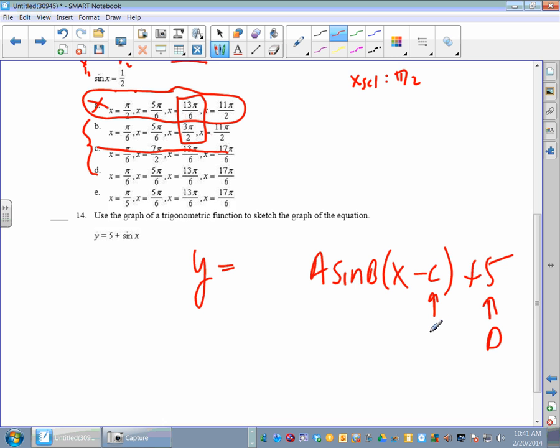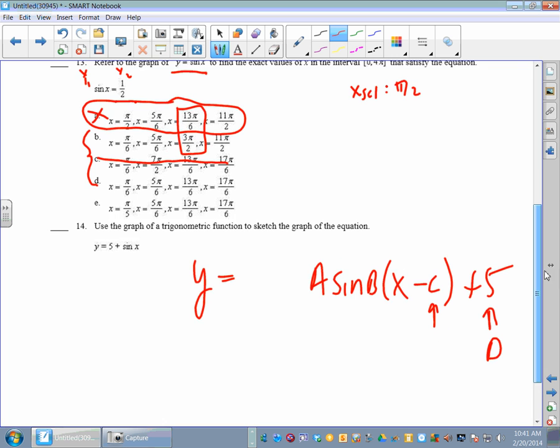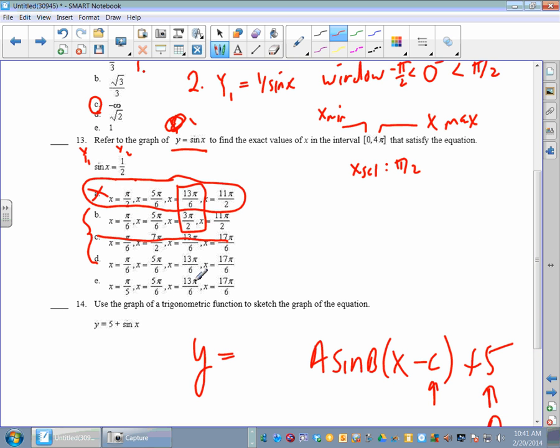Yes. Wait a minute. My first one I checked was pi over 6, wasn't it? Yeah. So pi over 2 is out. So it's pi over 6, 5 pi over 6, 13 pi over 6. There we go. That'll work.